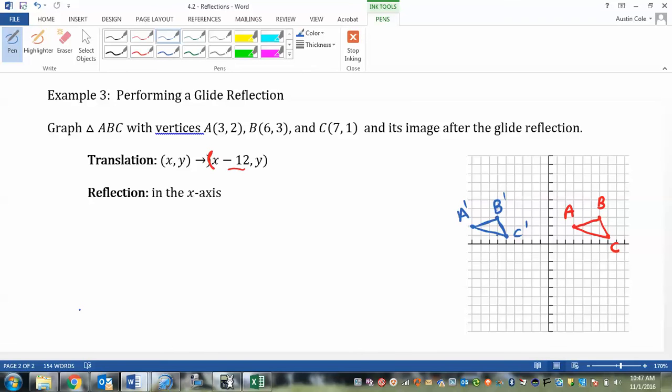Now we're going to reflect it in the x-axis. That's just a way to say, hey, we're going to reflect it over the x-axis. Okay, so if I do another color here, A is 2 units away from our axis of symmetry, which is our x-axis. So A prime, actually I should say A double prime, should be 2 units below.